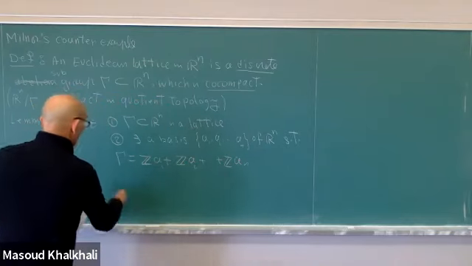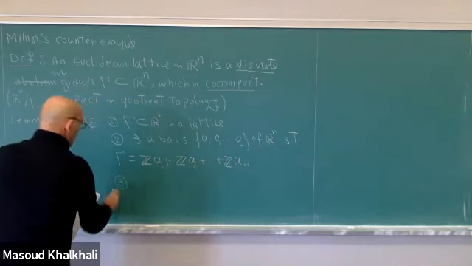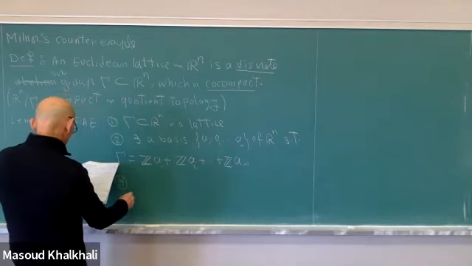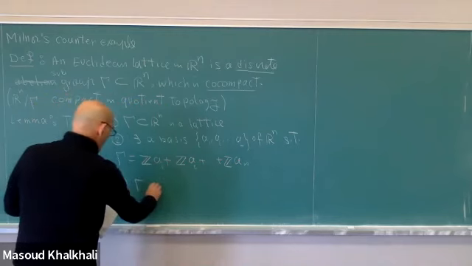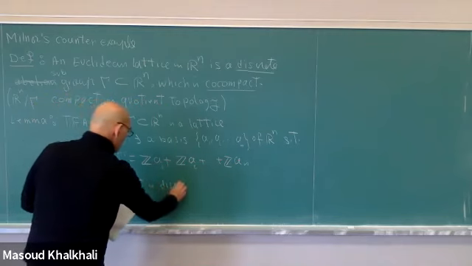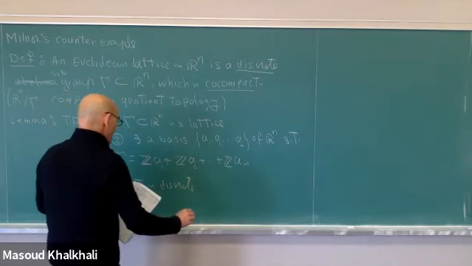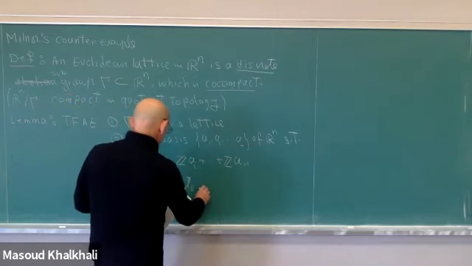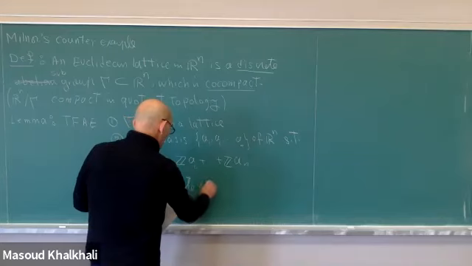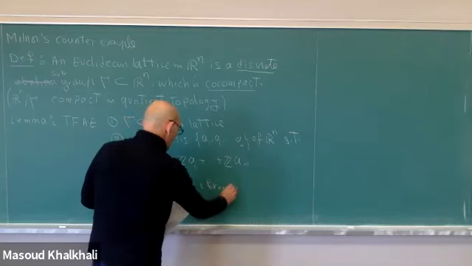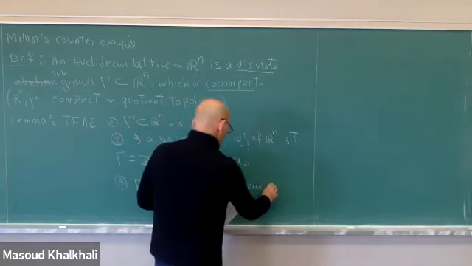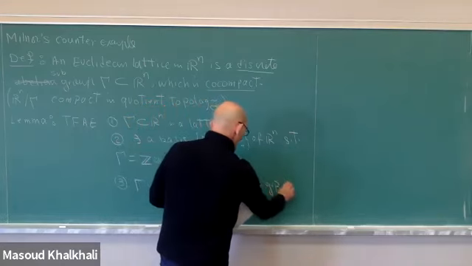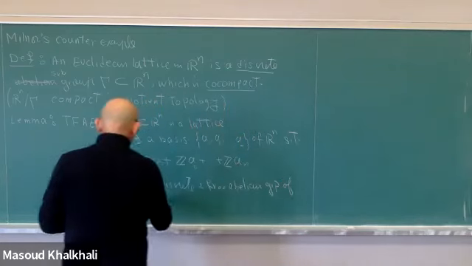And maybe third one, that's not very important for me: gamma is a discrete and free abelian group of rank n.